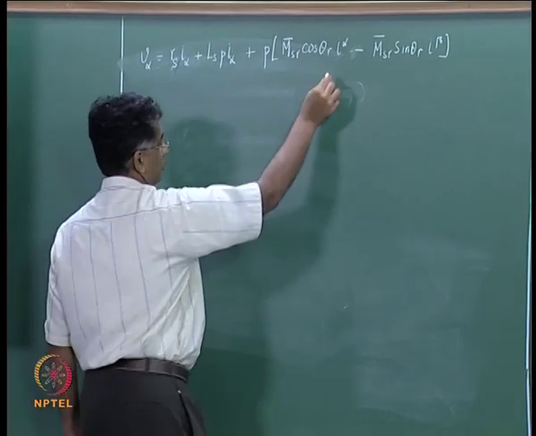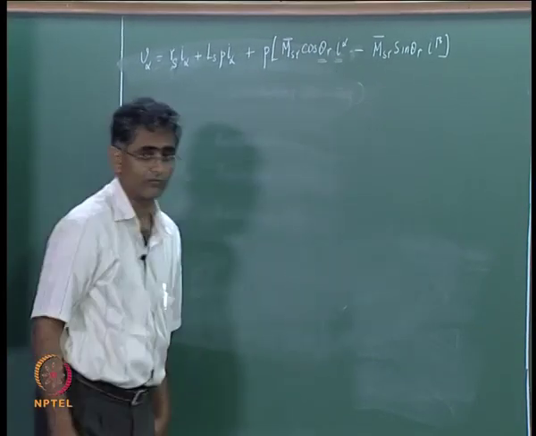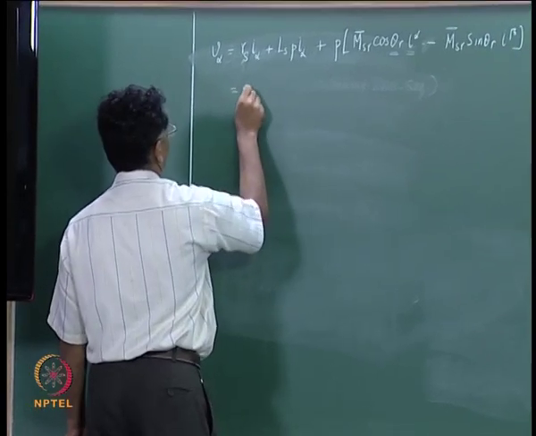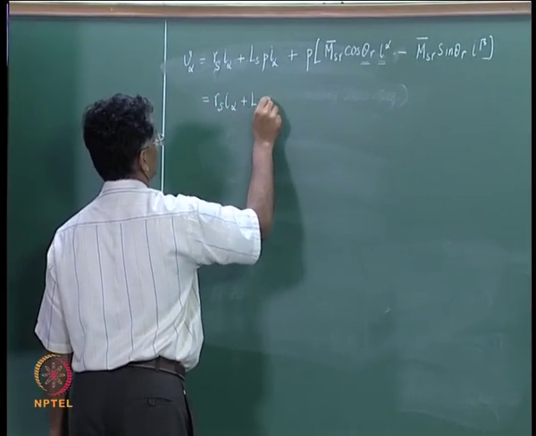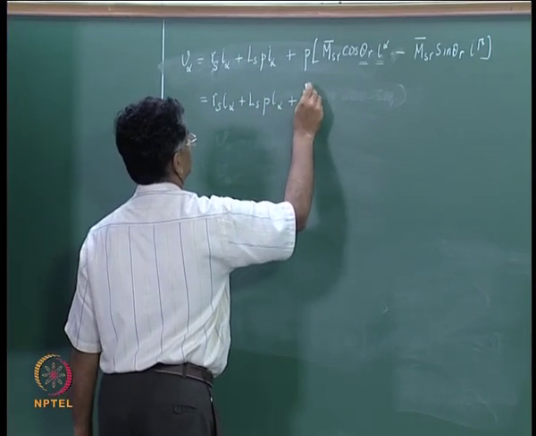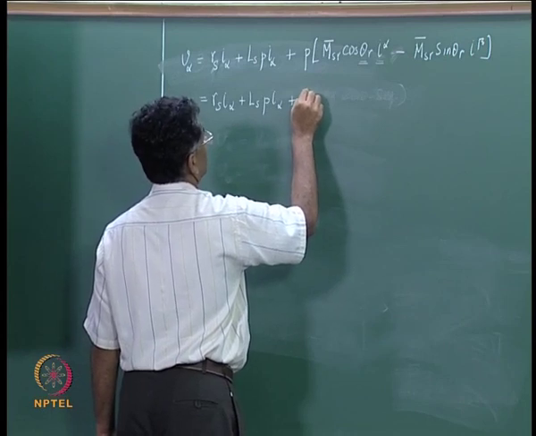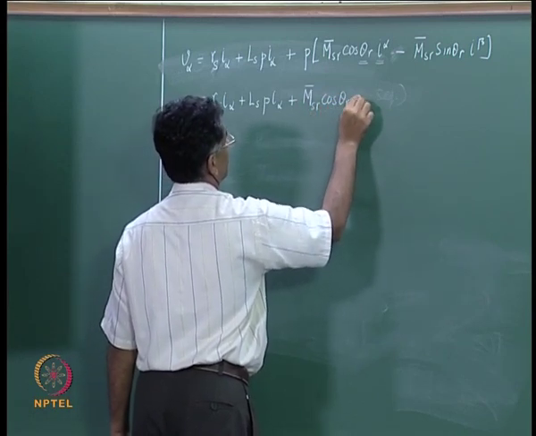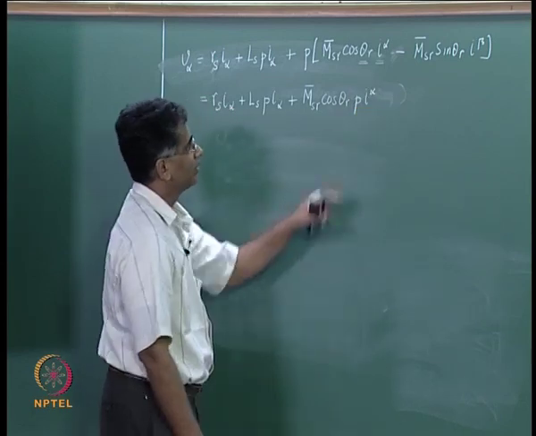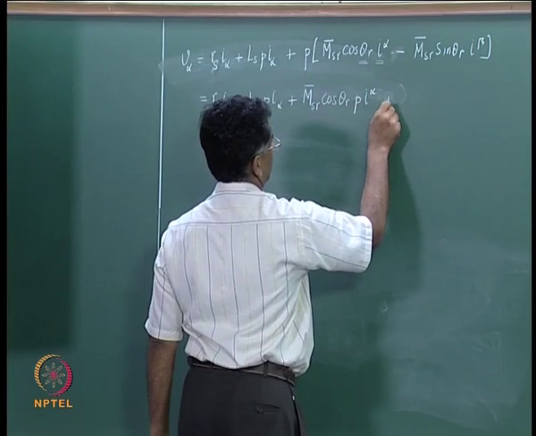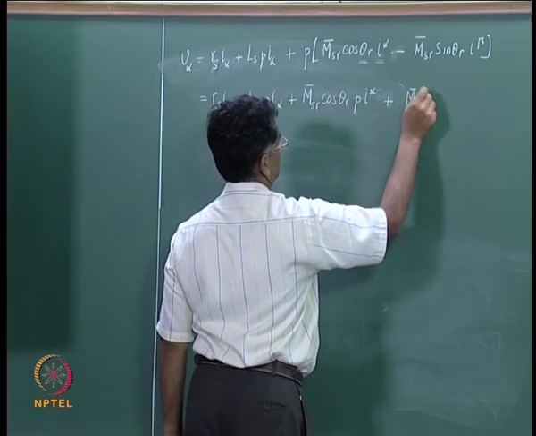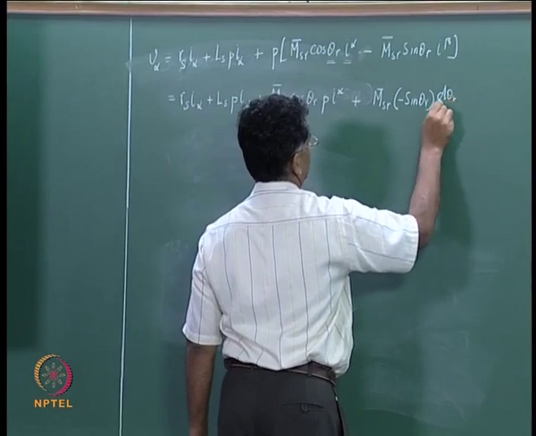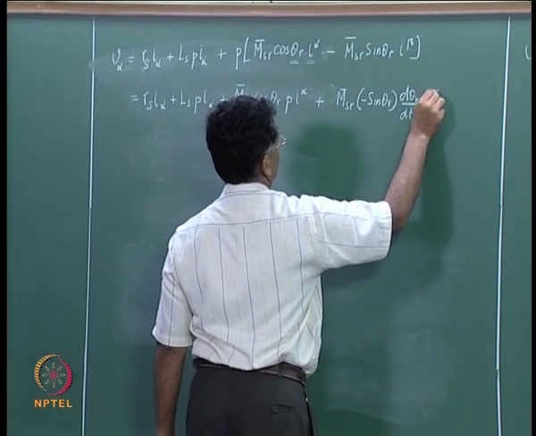In this expression, both I alpha and the rotor angle are functions of time, and therefore you need to differentiate both of them: Rs I alpha plus Ls P I alpha plus you have MSR cos theta r P of I alpha, you are differentiating this, and then you have plus MSR into minus sin theta r d theta r by dt into I alpha.